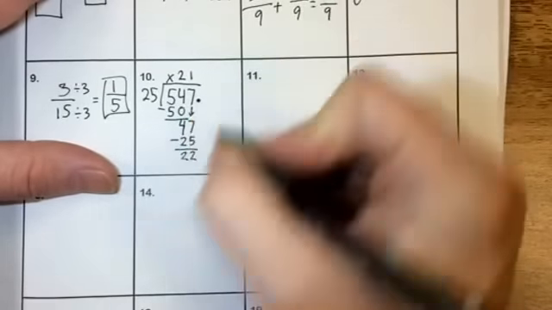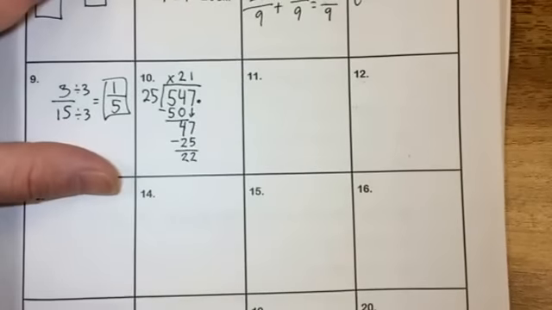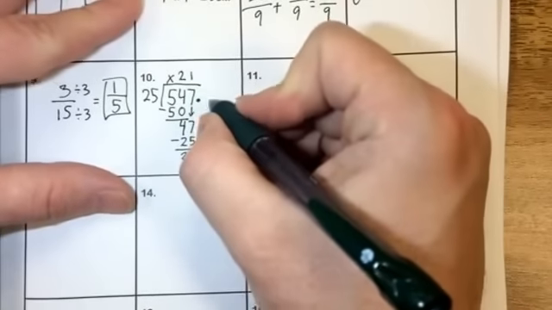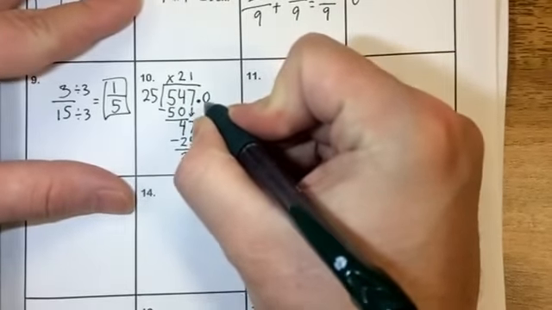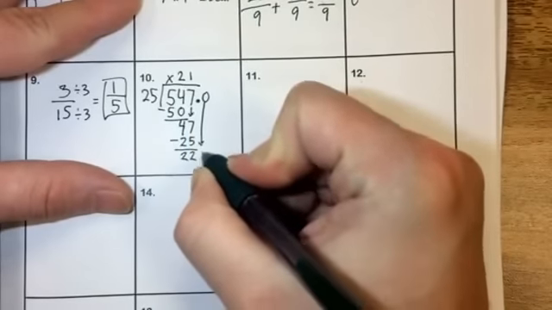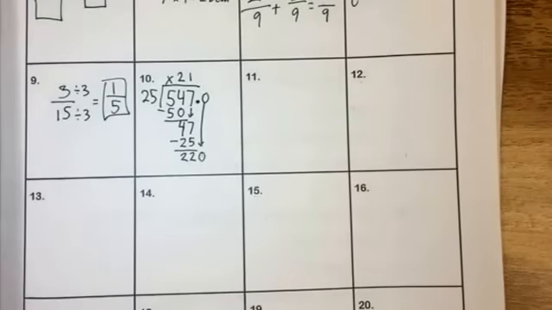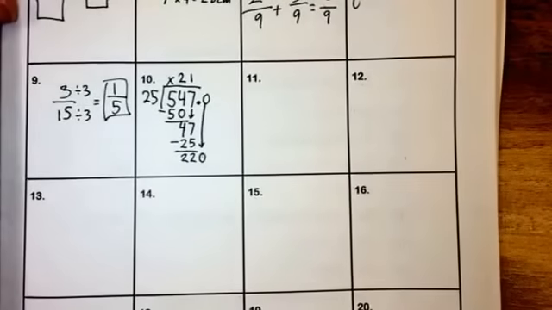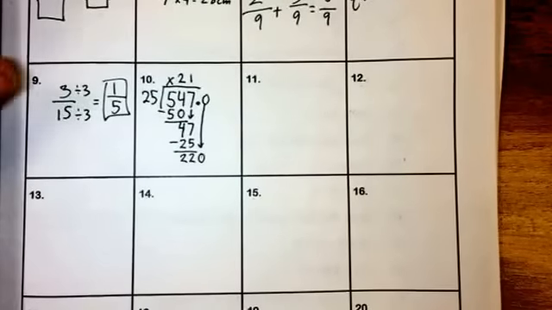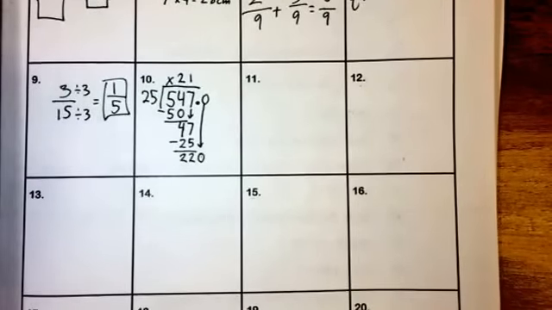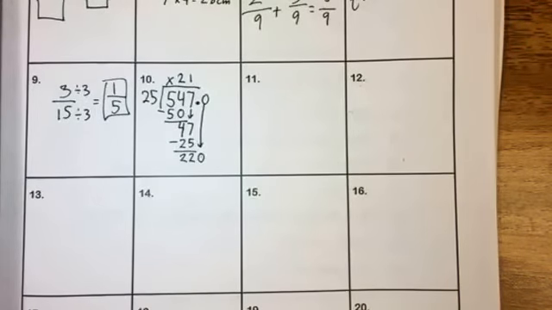Now I'm going to add a decimal because I'm at the end of my problem. I'm going to add a 0, and see how many times 25 can go into 220. I know that 25 goes into 100 4 times, so that means it goes into 200 8 times.